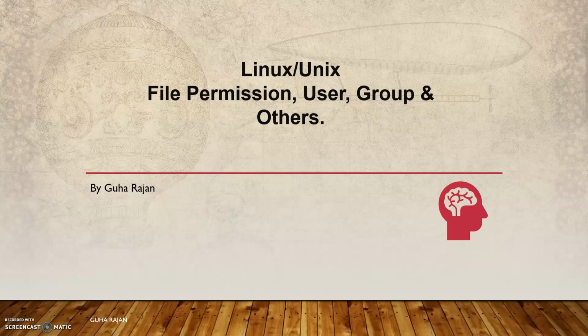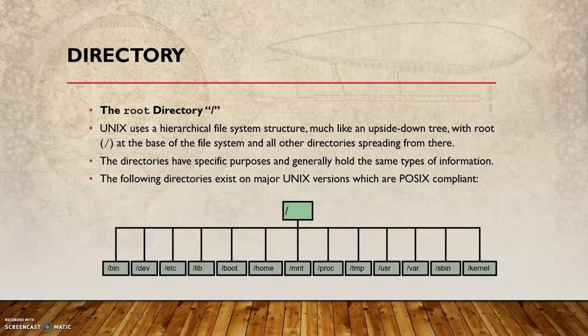So have a focus on this and have an understanding, so that not only do you use it in Linux Unix, but you could also use it in the cloud infrastructure, but there could be small minor changes depending upon the service provider. So this is the directory structure.